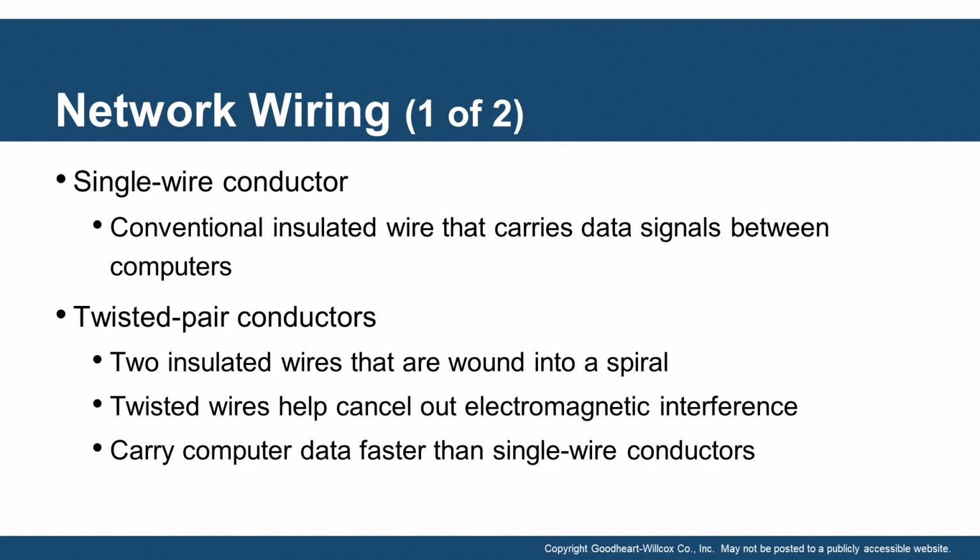And these are two insulated wires that are wound into a spiral. And that twisting of the wires helps cancel out any type of electromagnetic interference. And again, the distortion that happens should be identical and similar if anything electromagnetic was to get around it. The process of this was just to make sure that the control unit could verify that, hey, the message sent to me was indeed what was requested.